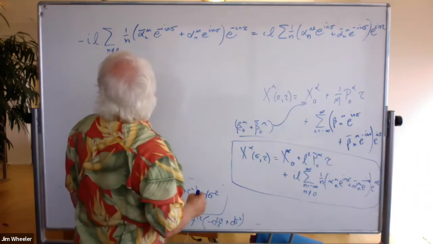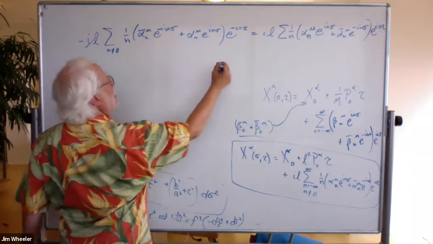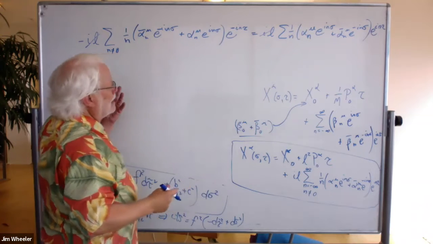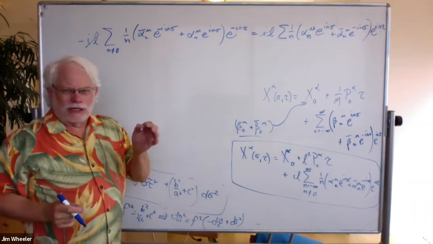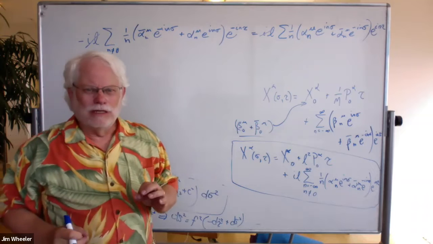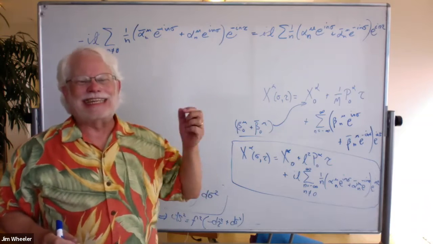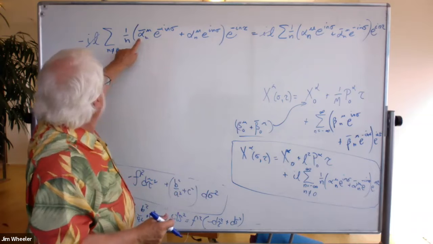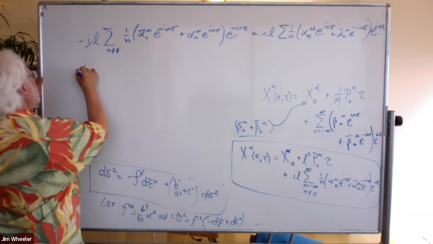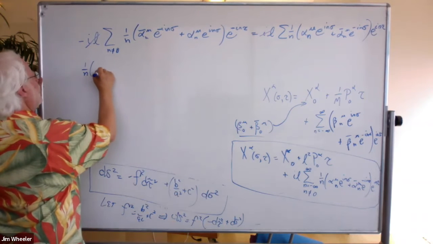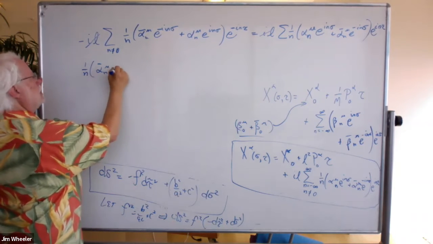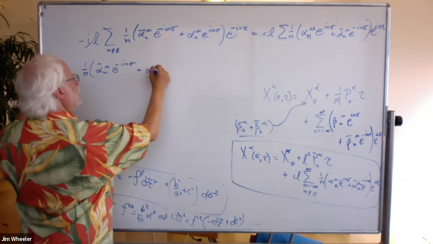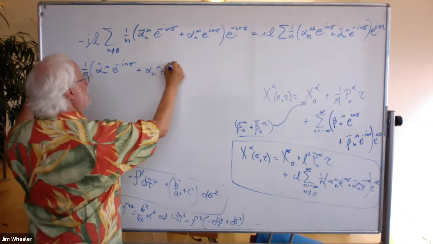Okay, so now I can get rid of this iL. I'd like to get rid of the sum because these have to match term by term, except I have to be careful to include both plus and minus n. So for any n, what we have is 1 over n alpha bar n mu e to the minus i n sigma plus alpha n mu e to the i n sigma.